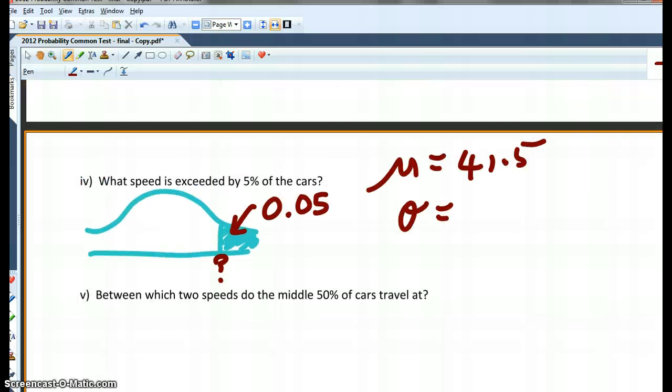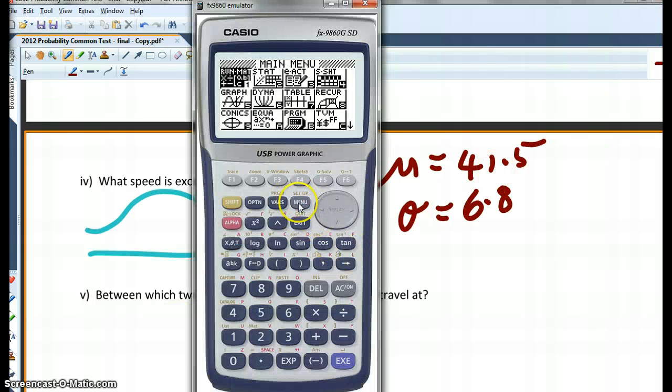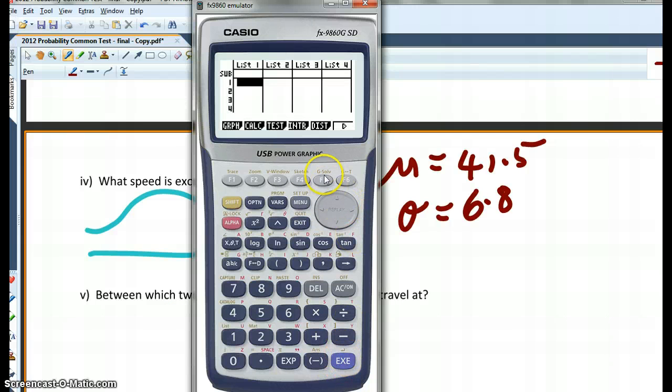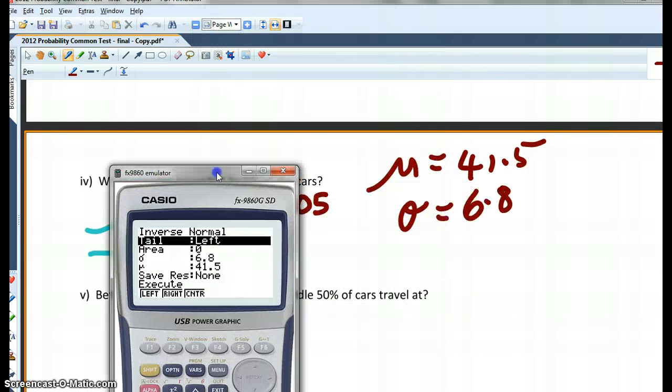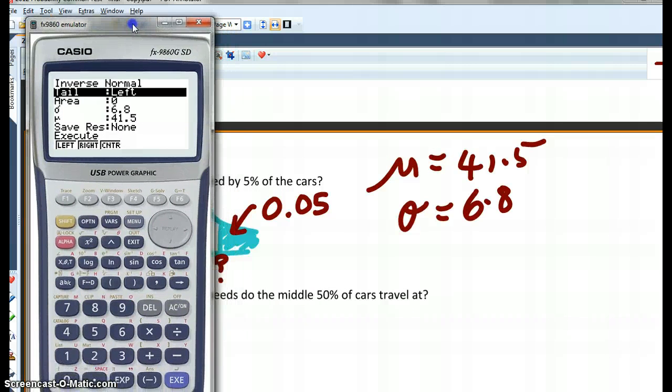Okay, so how do we do this? The easiest way is on our calculator. You get the calculator, menu, stats, execute, distribution, normal distribution, and inverse normal, because we have the probability but want to find the value that 5% of cars exceed.